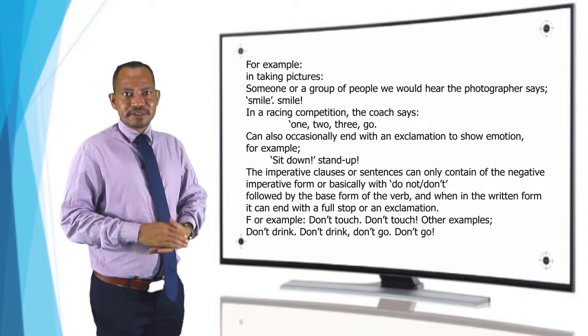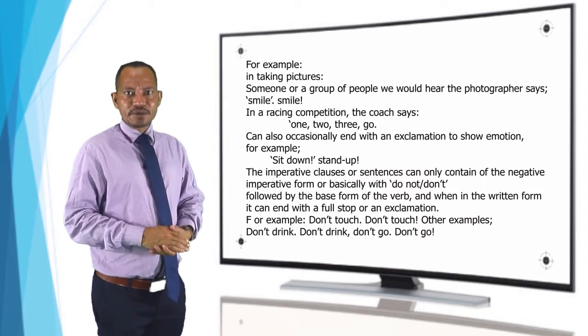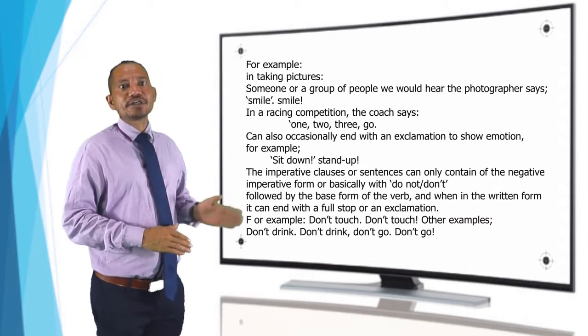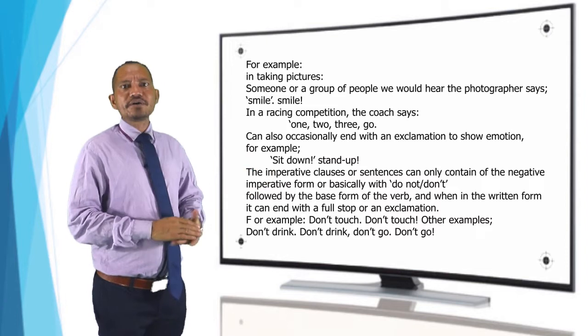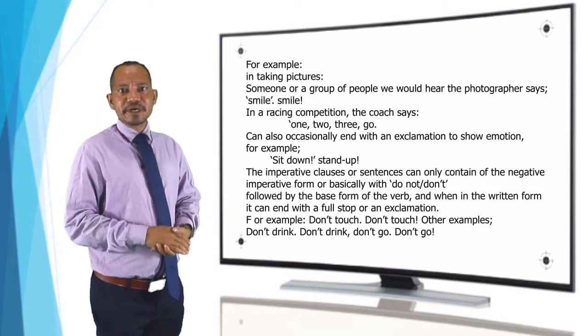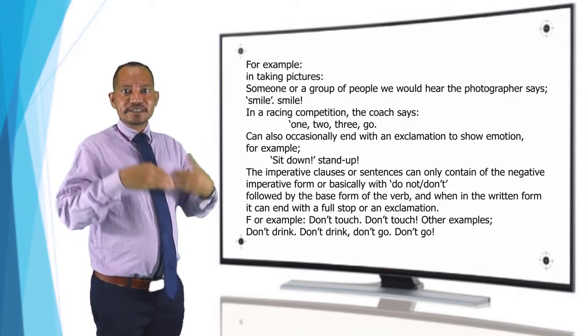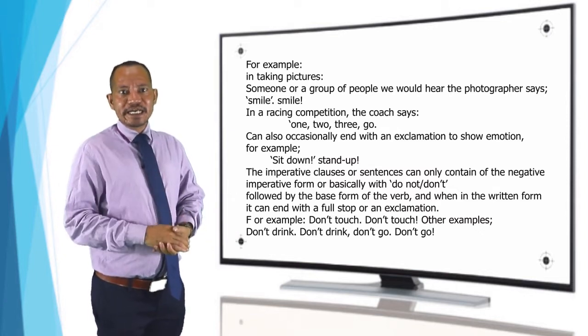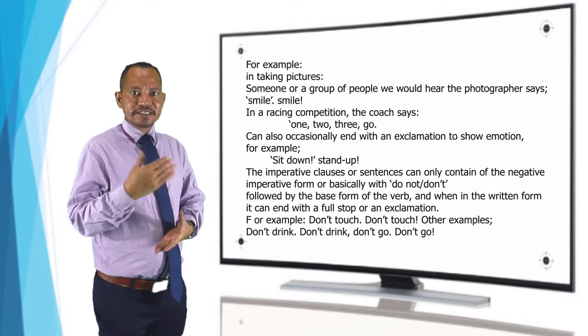Or sometimes the imperative clauses or sentences can only contain the negative imperative form, or basically do not or don't followed by the base form of the verb, and when in the written form, it can end with a full stop or an exclamation.